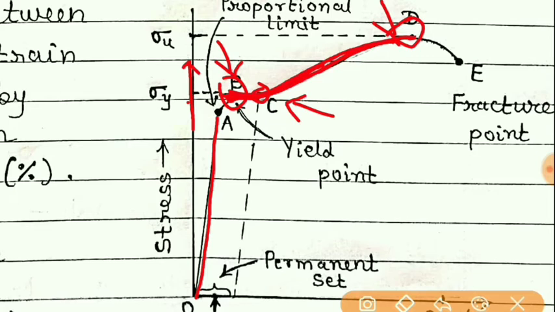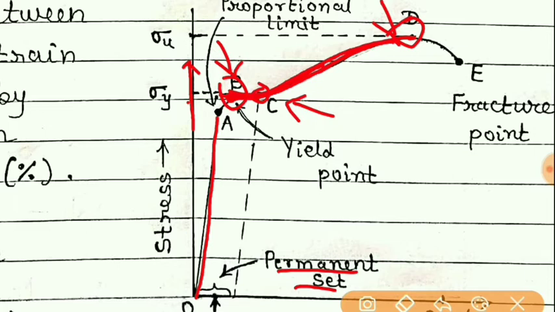If you once again remove the masses, then now a permanent strain was obtained, means the length of the material has been increased already and it will not regain its original length. So a permanent set is obtained. Permanent set means the length was increased and that will remain as it is.